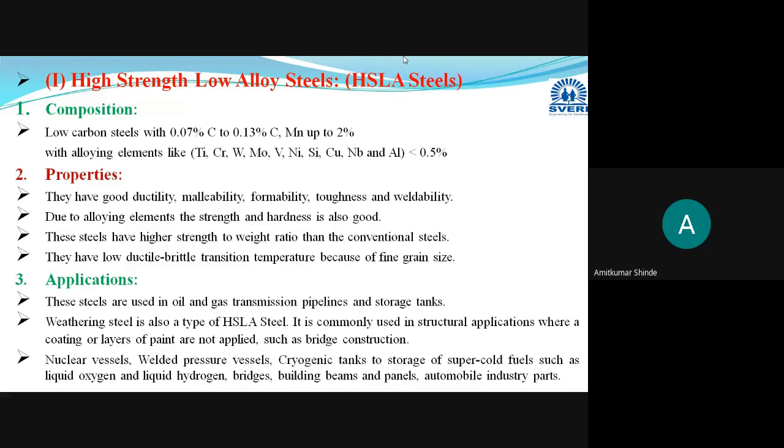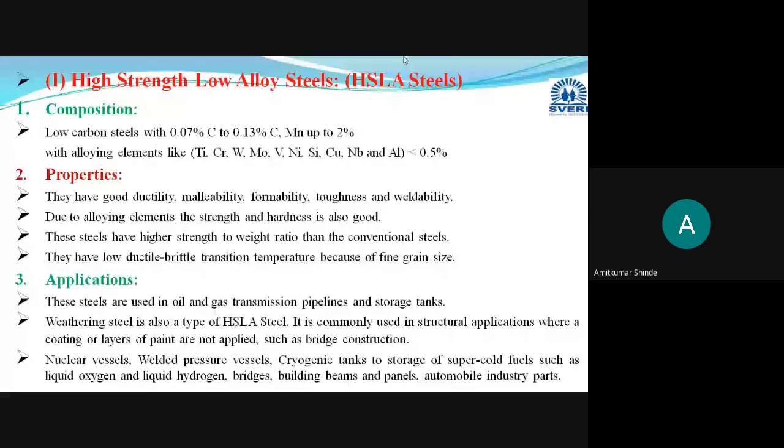Why is this happening? Because of the presence of other alloying elements, which will form a solid solution with the iron. Due to formation of this solid solution, strengthening will take place, which will improve the strength and hardness of that particular kind of steel.